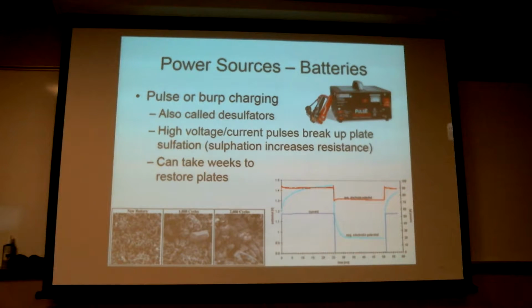So let's see, I did restore, in fact, it might be one of those ones that's still in service. I did pull out a burp charger, pulse charger, and threw it on one of those batteries all summer. Just a small amount of current, overall a small amount of current. I let it go, came back in, checked it once in a while to make sure the electrolyte hadn't gone down any.